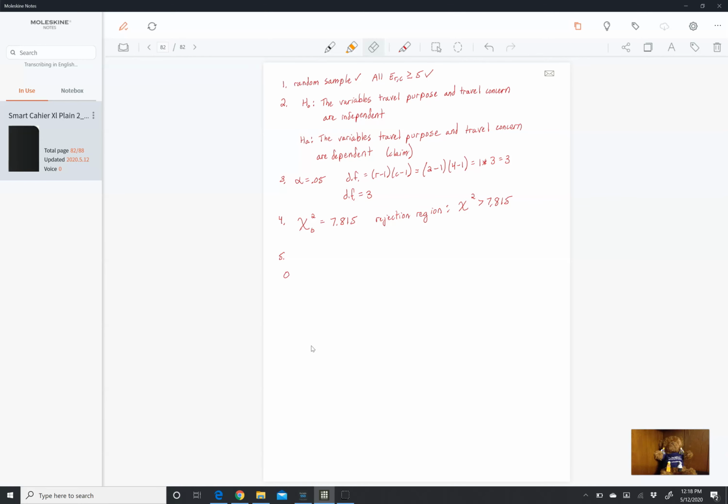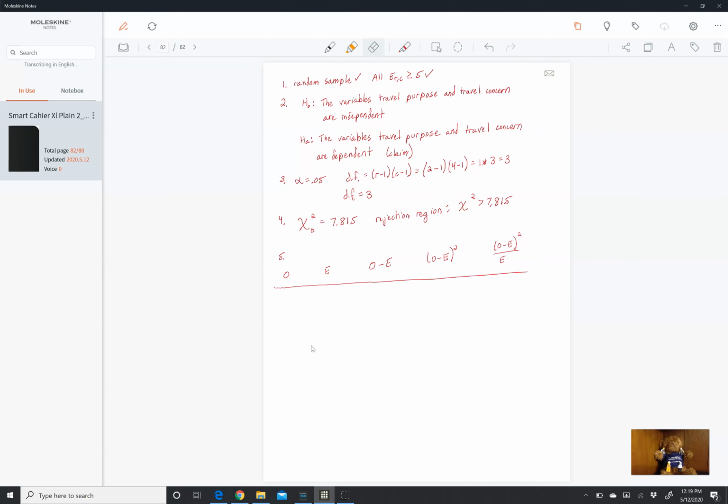So we have our observed, we have our expected, we have our observed minus our expected, we have our observed minus our expected squared, and then we're going to take our observed minus our expected squared and divide by E. Okay.